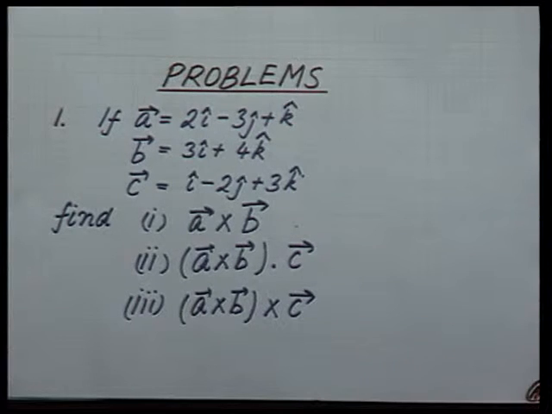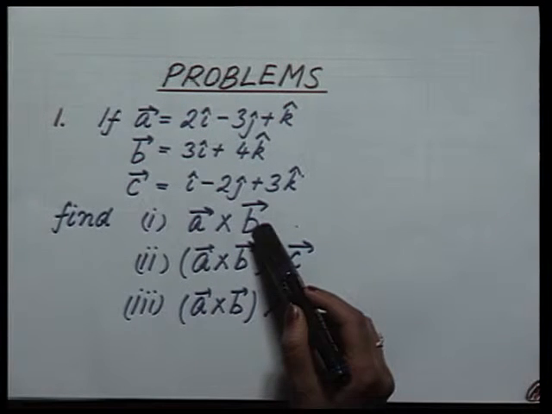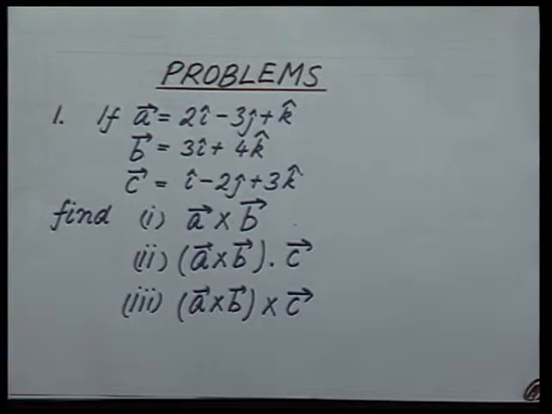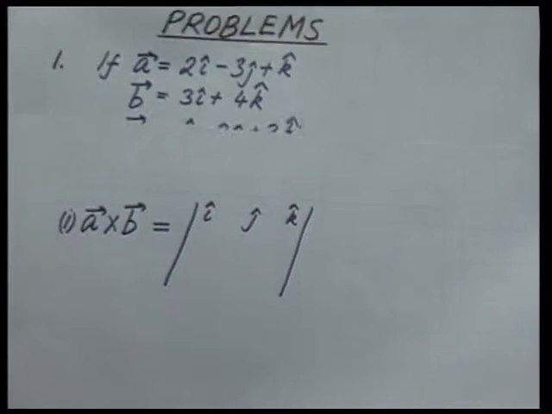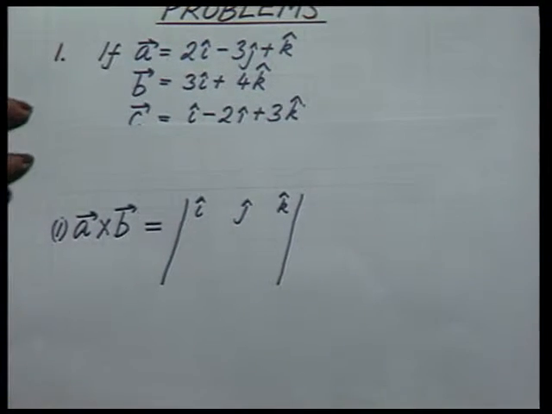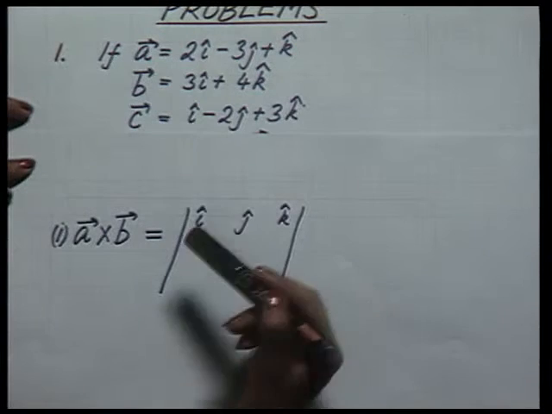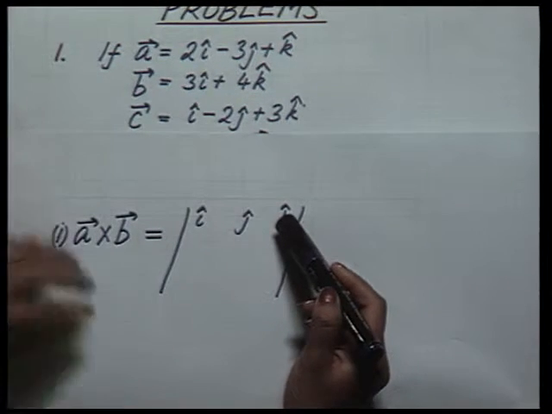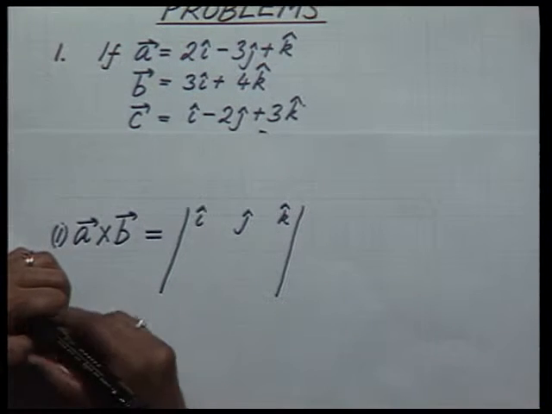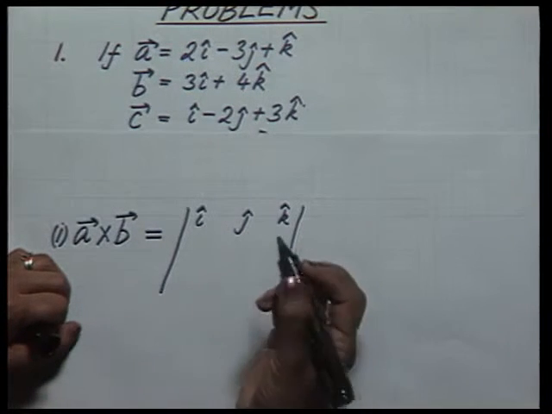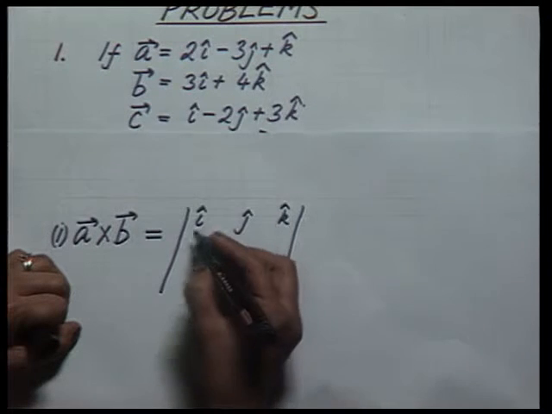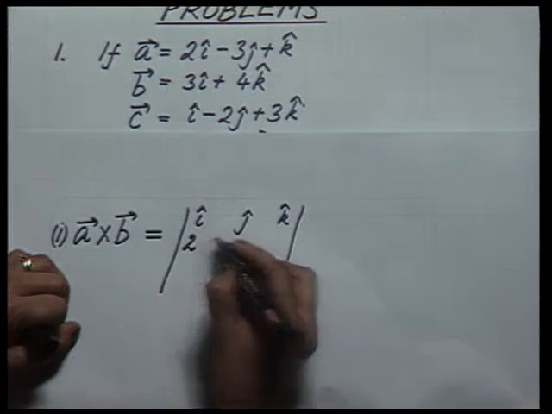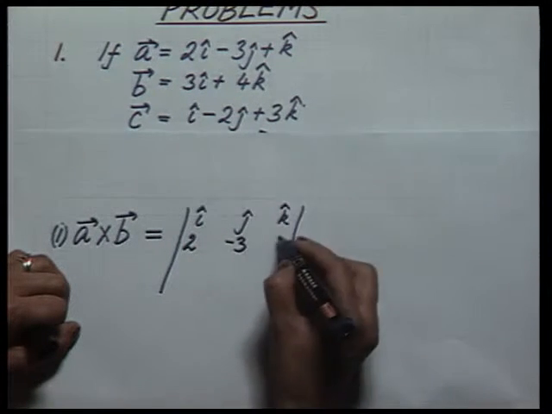For this, we will have to make use of the component rule for A cross B. That is, A cross B is given by this determinant in which the first row is i, j, k and the second row are the components of A, namely 2, minus 3 and 1.